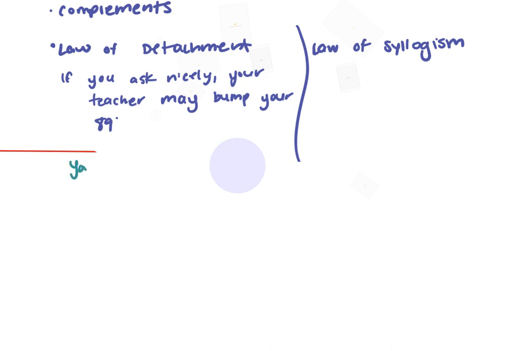So you ask nicely. And based on that, your conclusion would be what? You will get the exemption. Nope. There's no mention of exemption. Teacher bumps the 89. Now, the law of syllogism puts two if-then statements together.